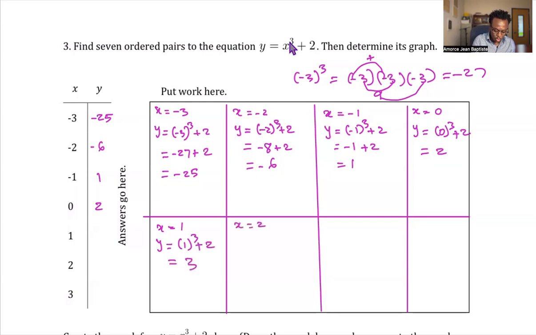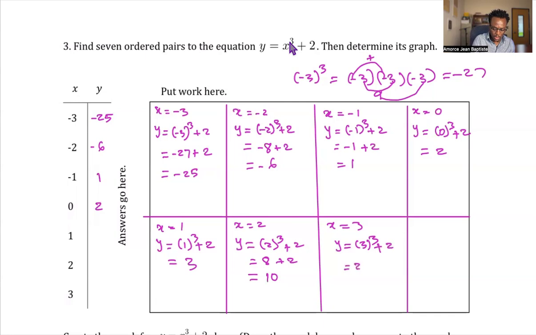X equals 2. Y is 2 to the third plus 2. That is 8 plus 2 equals 10. Okay. And then lastly, x equals 3. Y is 3 to the third plus 2.